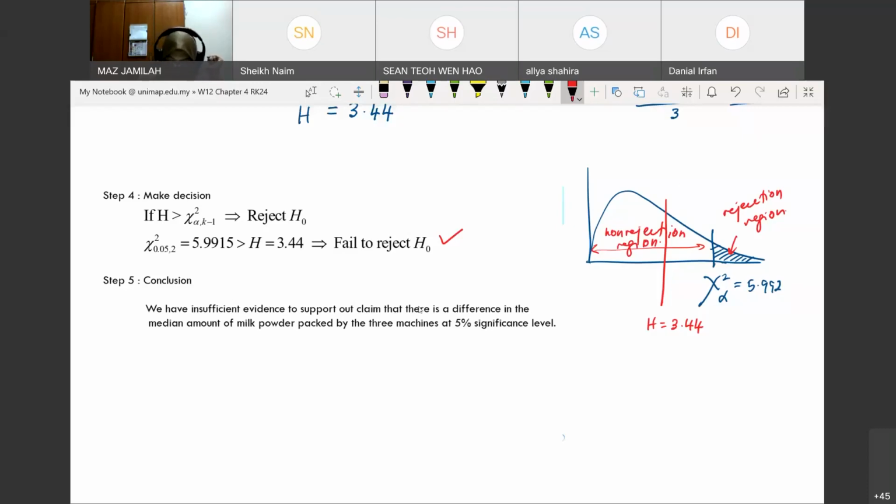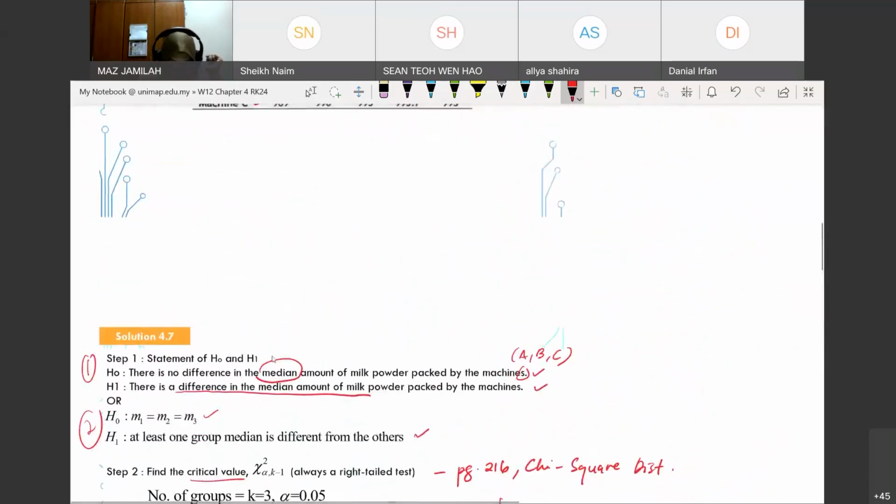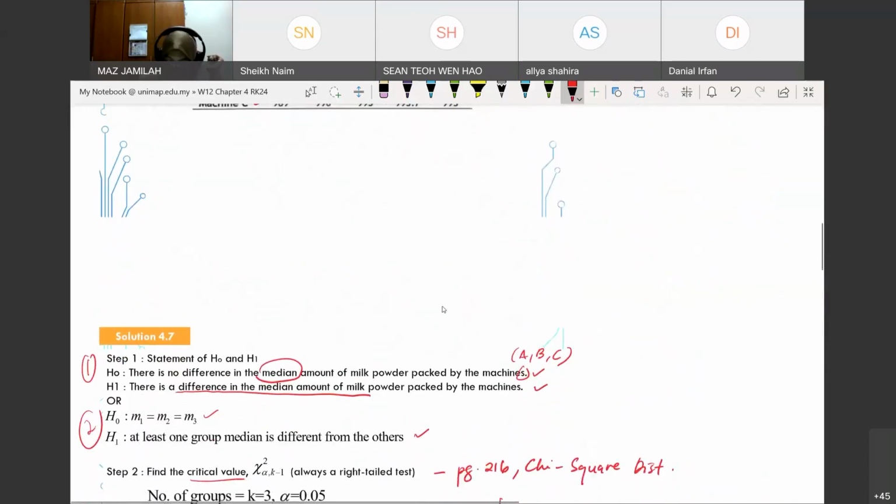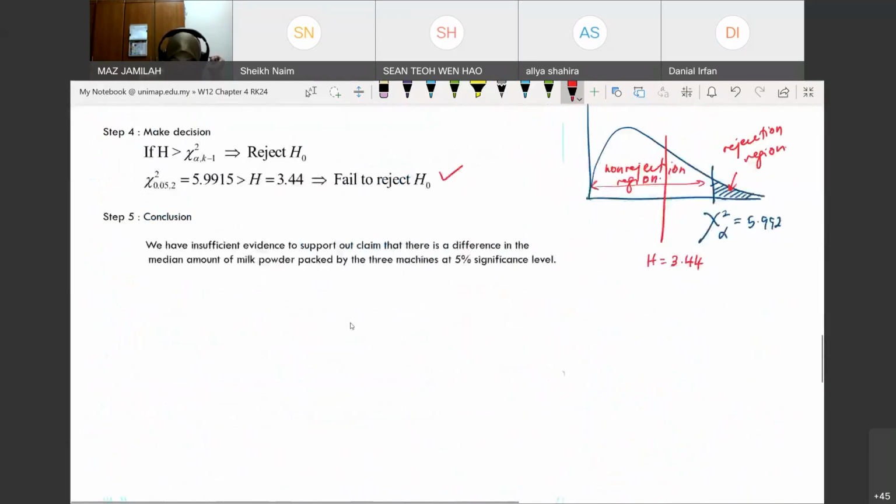Now, our claim just now is that there is a difference. So our claim is the alternative. Since we fail to reject the null, how does your conclusion sound?